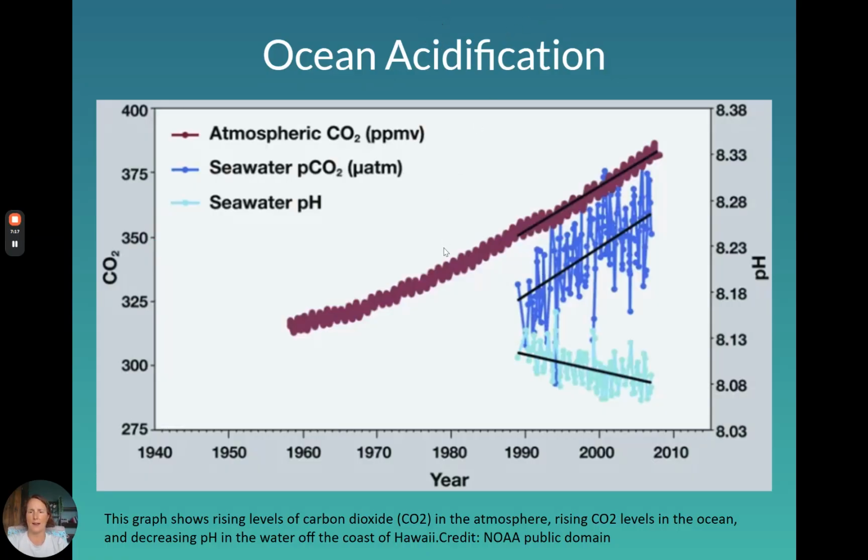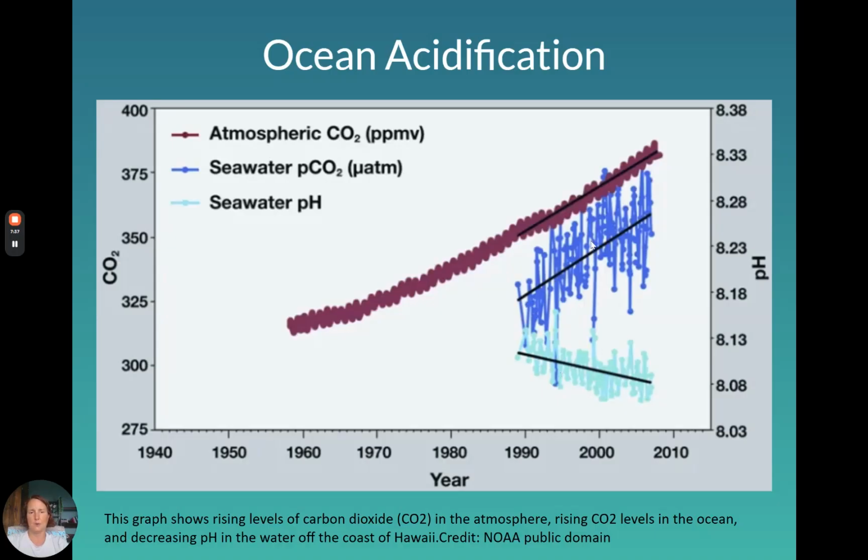This graph shows atmospheric CO2 from 1958 to 2010 in this case, but this is essentially the same Keeling curve graph that we saw in lecture 1, along with the seawater carbon dioxide levels and seawater pH.